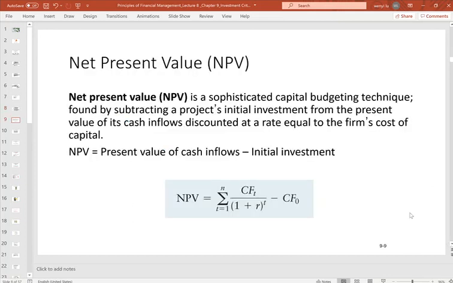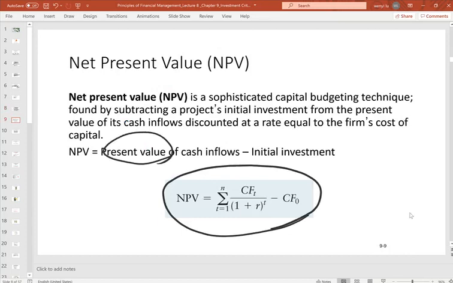So this is the overall formula for the net present value. It's the present value of the future cash inflows minus the initial investment.